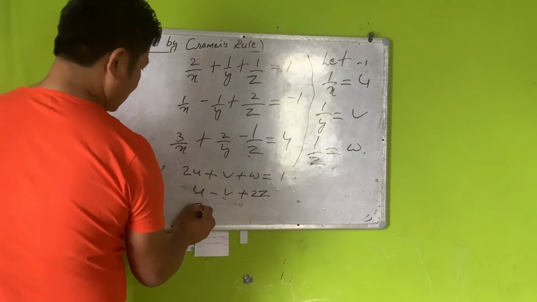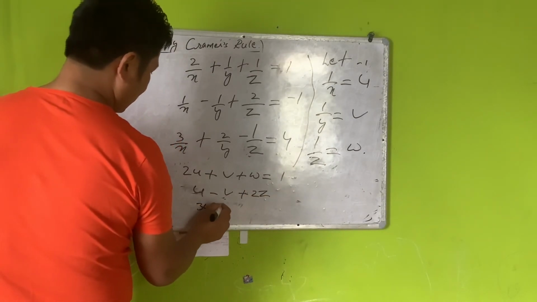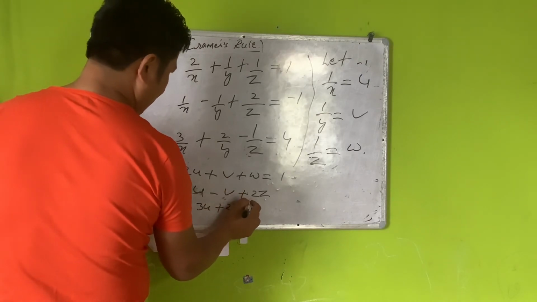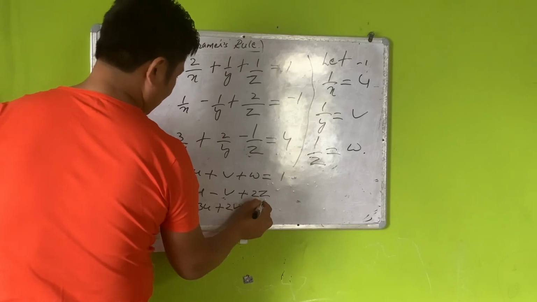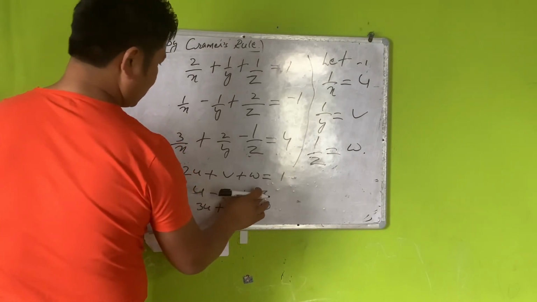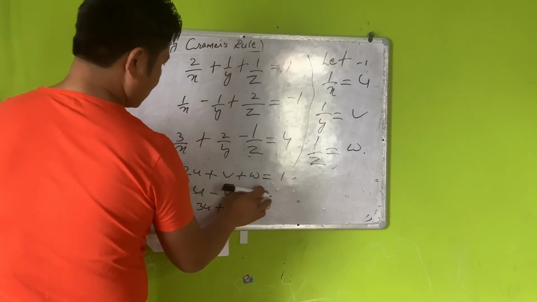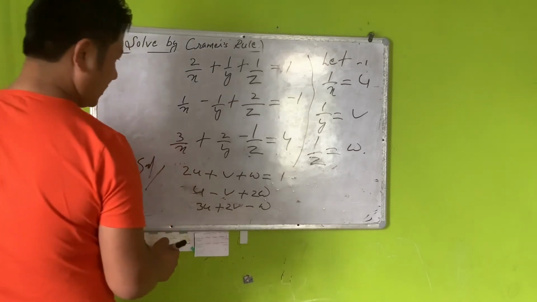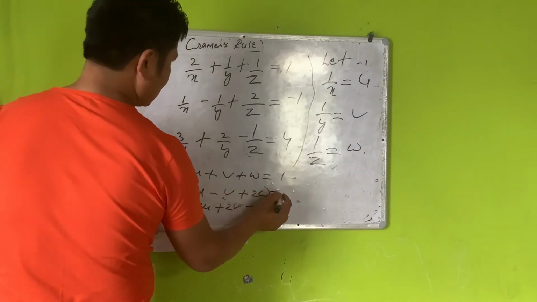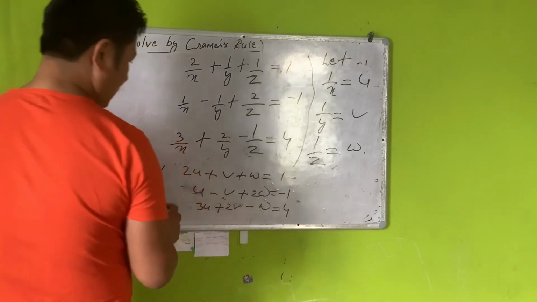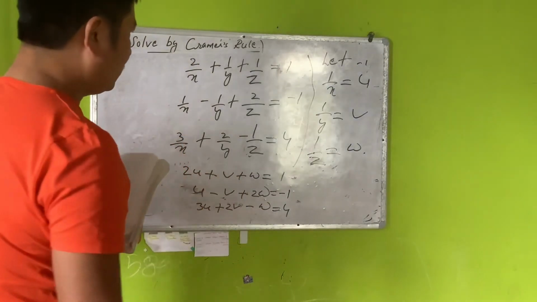Third one is 3u plus 2v minus w. This is not z, this is w, we have assumed. Is equal to, this is minus 1, this is 4. So you got the new equations.